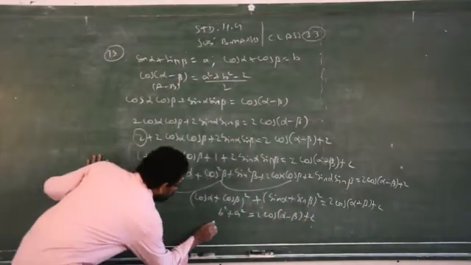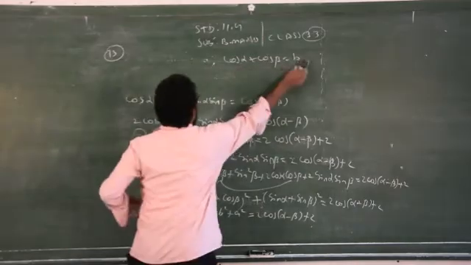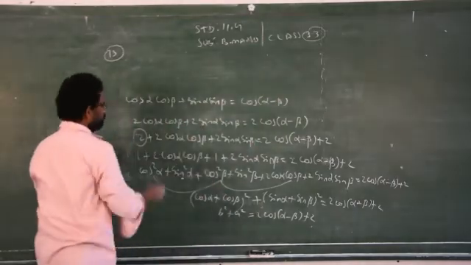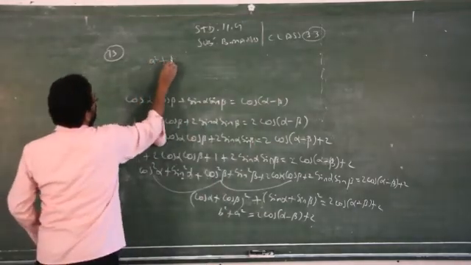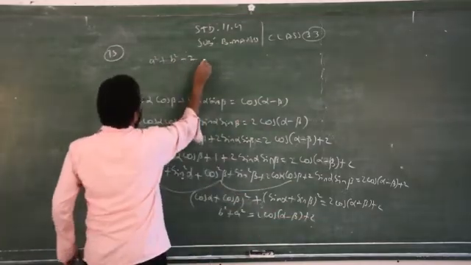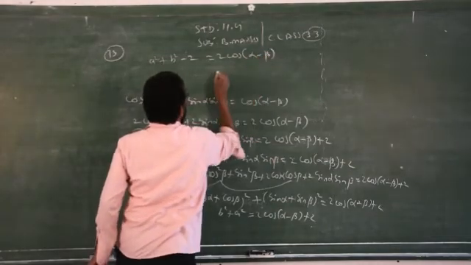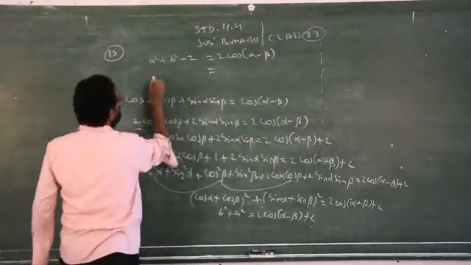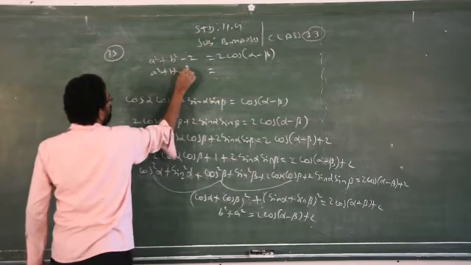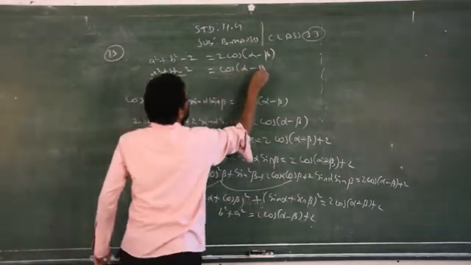You just have to bring it to the left side. I can rewrite that A square plus B square, that plus 2 will become minus 2 cos alpha minus beta. So transfer the 2 to the left side, multiplication will become division. This is your required answer.